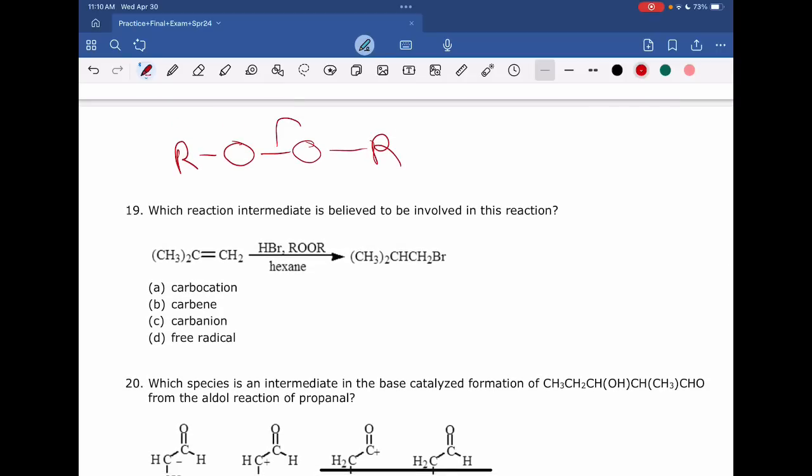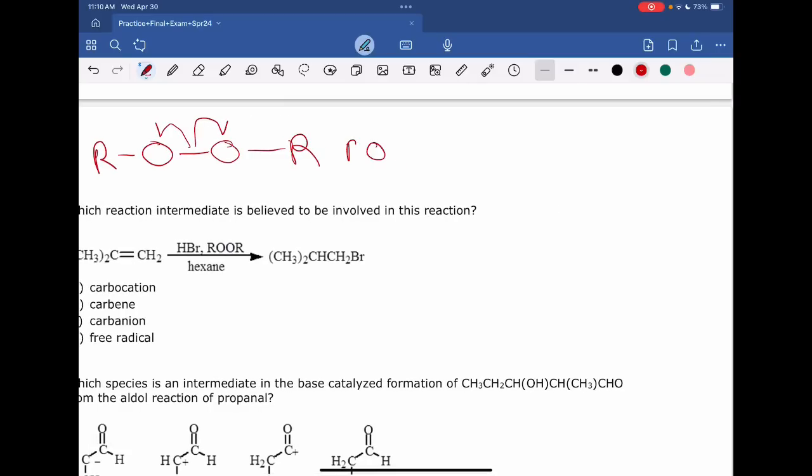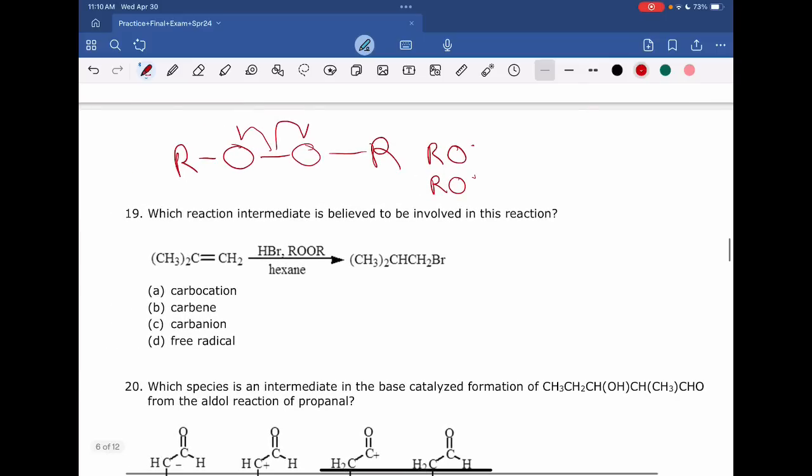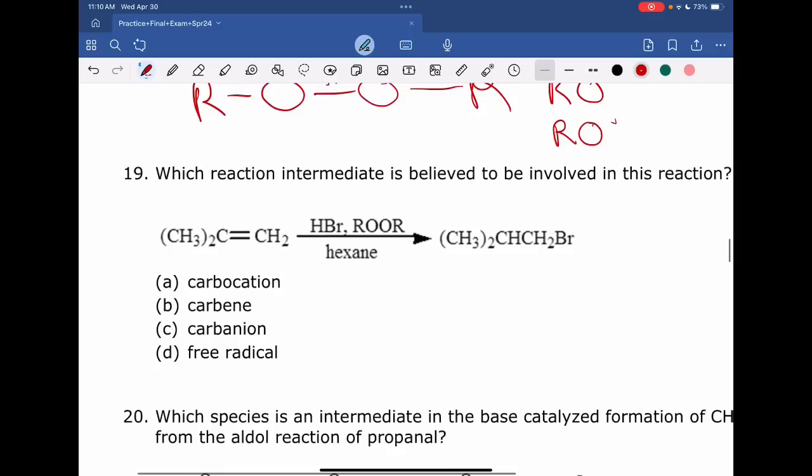What ends up happening here is that you form 2 OR radicals, like this. The only exception to that I could think of is MCPBA. MCPBA is a peroxide and it doesn't form radicals. But besides that, you usually should form radicals in the presence of peroxides. So, this is not a carbocation, not a carbene, not a carbanion. This is a radical reaction.